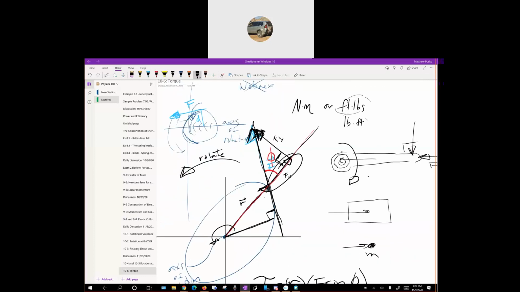We could make up some numbers. We could say this force looks like it goes up and over to the left, so I'm going to say maybe negative 2i plus 3j. And we can say this is some position vector that looks like it goes maybe over 3 and up 3. So we can cross those two things and actually get the torque without even having to worry about if it's perpendicular or not.